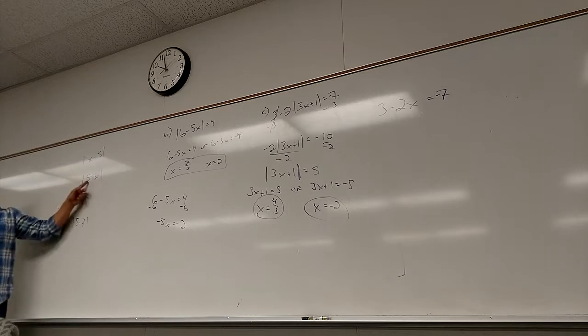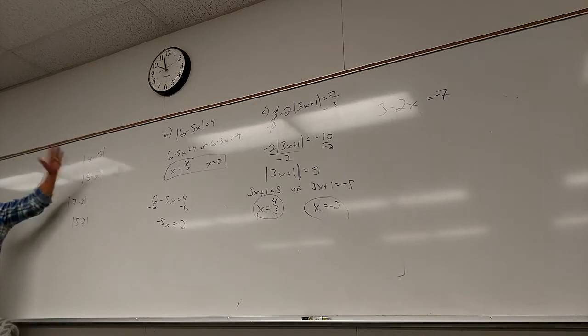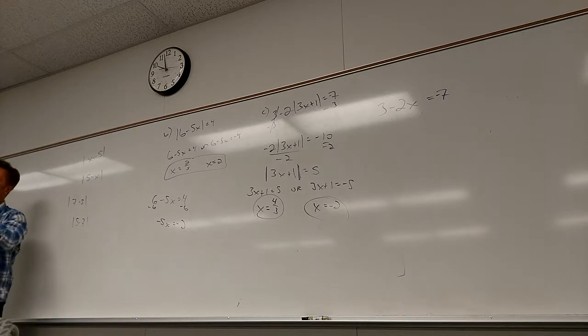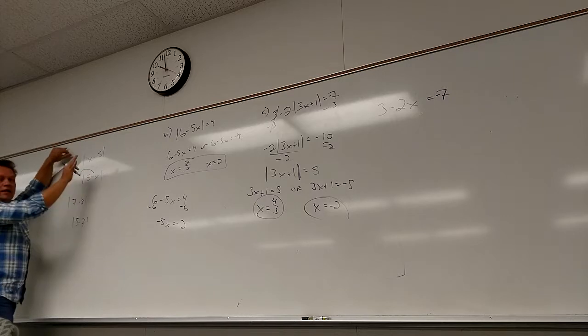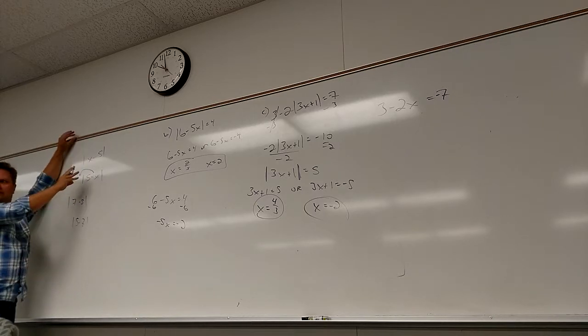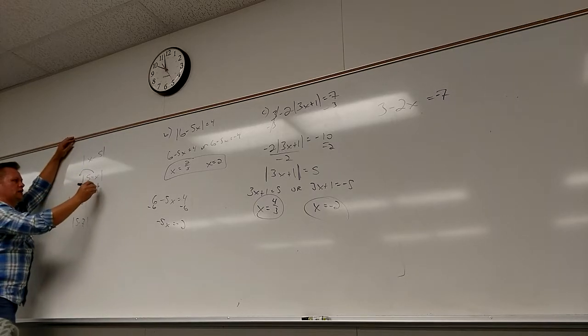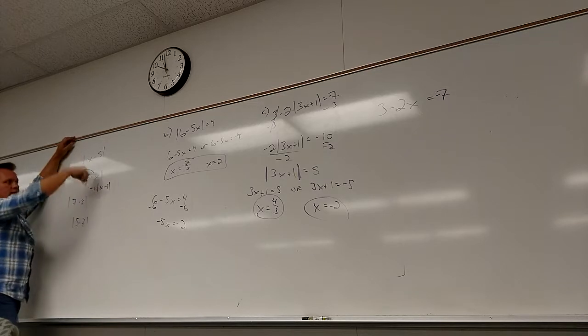So x and 5, however far apart they are, these are that distance. They have the same expression. So if I took a negative out of this, then that doesn't work, because then it would be -1 times x minus 5, and that's not the same.